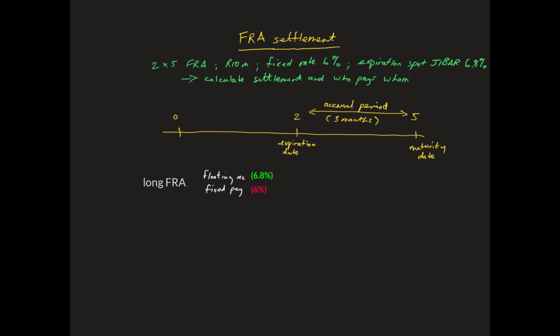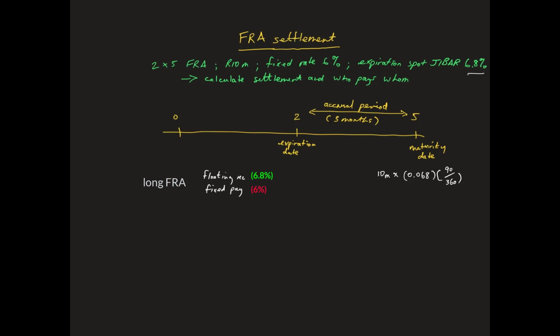On maturity date, the long will become entitled to receive an amount calculated as the notional deposit of 10 million Rand times the ruling interest rate on the floating leg, which is 6.8%, times the simple interest time fraction, which is 90 divided by 360.